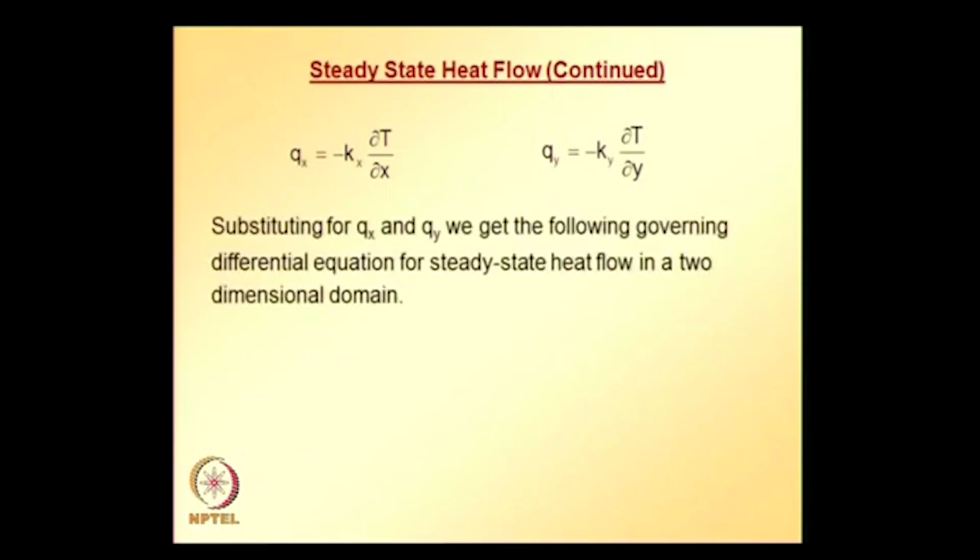So, substituting Qx Qy, we get the following governing differential equation for steady state heat flow in a 2-dimensional domain, and clearly this is a second order differential equation, and it is similar to what we already looked at for the general 2-dimensional boundary value problem.